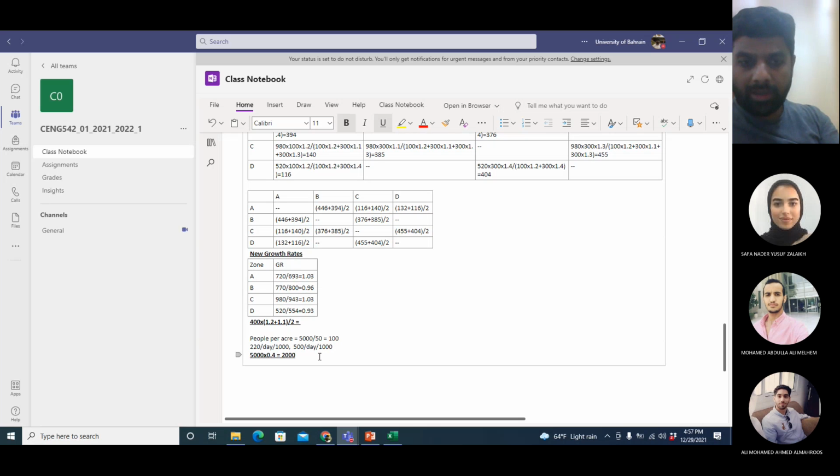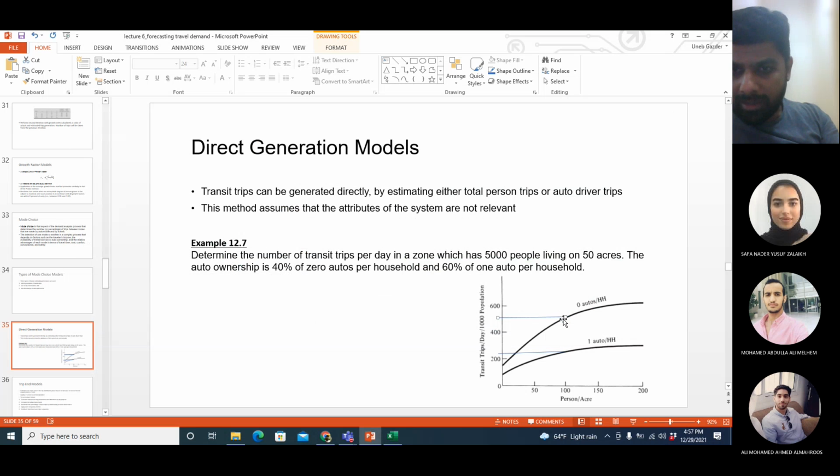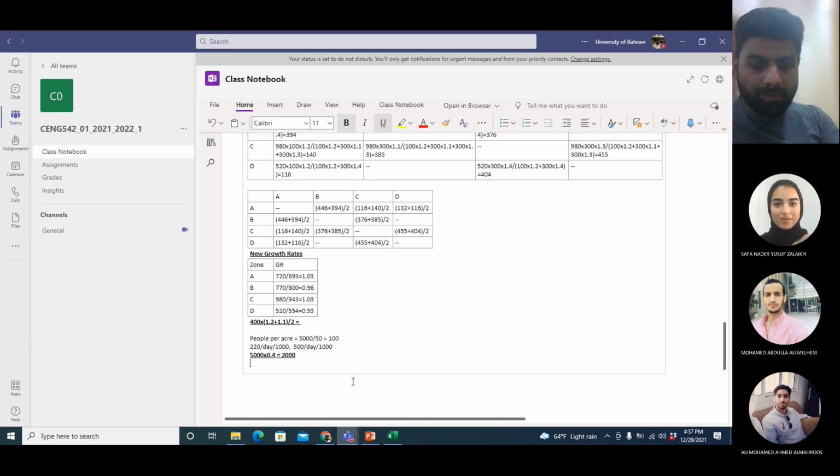If you want to calculate the total number, 40% was for 0 and it was 500. So 500 into 2, because this is per thousand, not per person. So 2000 will become 2.